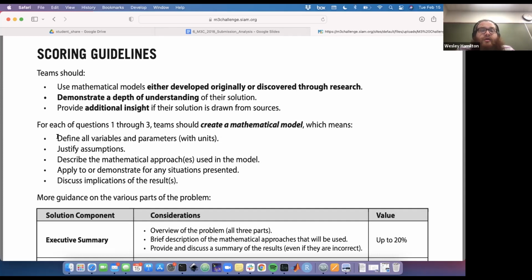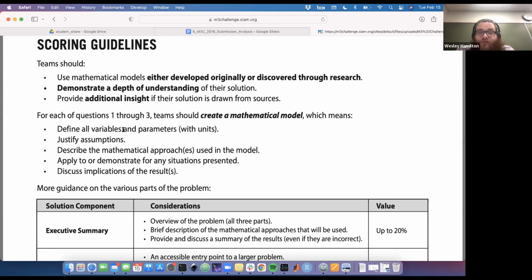In particular, define all of your variables and parameters, keep in mind units, justify any assumptions that you're making, clearly describe the mathematical approaches you're using, apply to or demonstrate for any situations presented. And so make sure that you're actually addressing the things that these problems are asking about. And then of course, discuss implications.